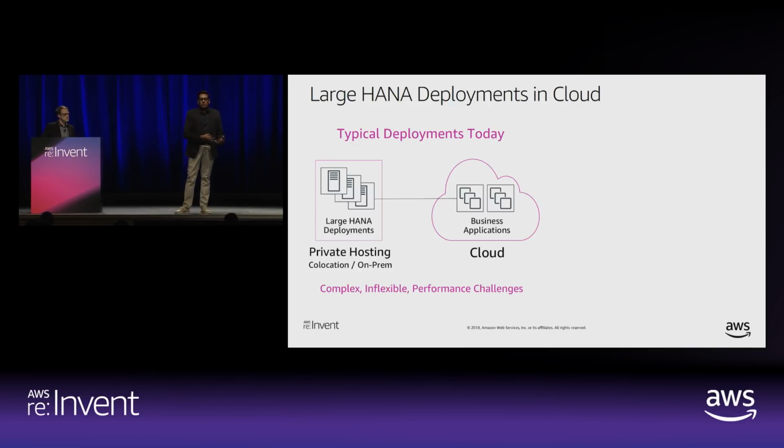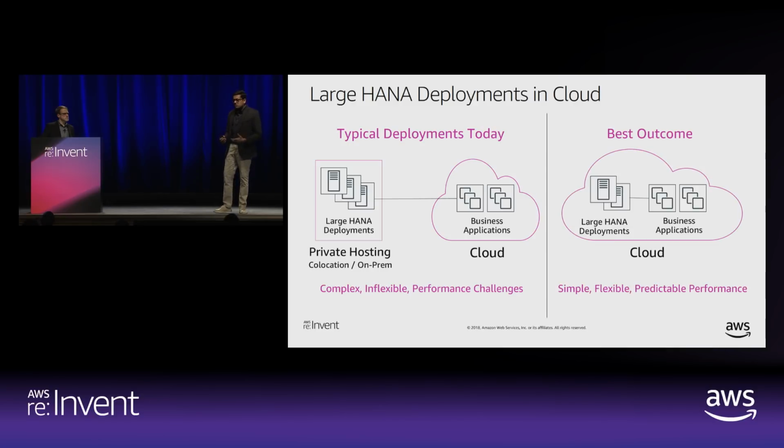But there weren't many options for running these large HANA systems in cloud. There were also other service providers who would offer similar solutions to connect hosted HANA instances with their cloud environments. We think that this was complex, inflexible, and sometimes led to performance challenges.